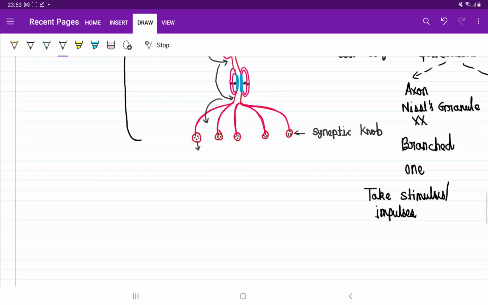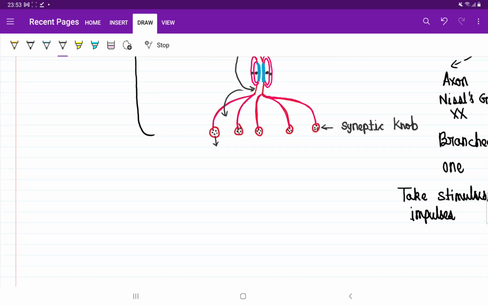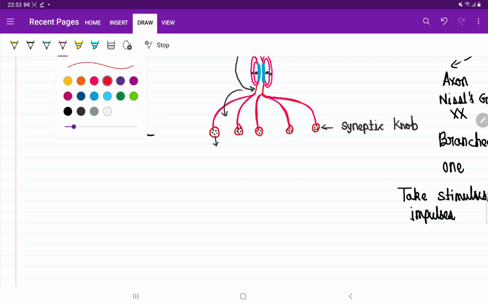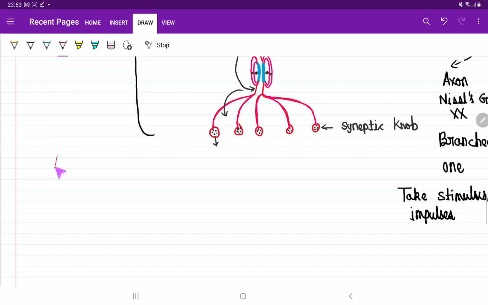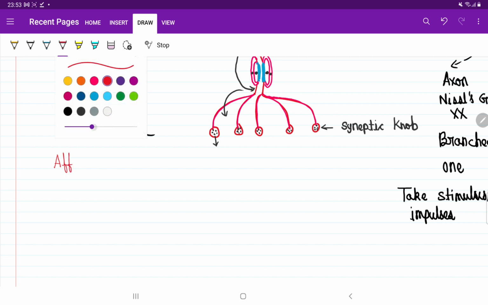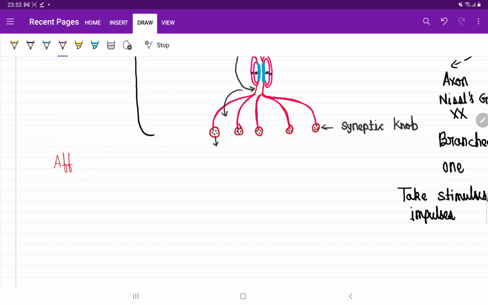Okay, then neurons can also be divided on the basis of their function. One is the afferent neuron, which you call a sensory neuron, the same thing.